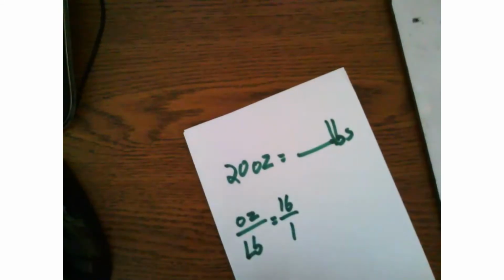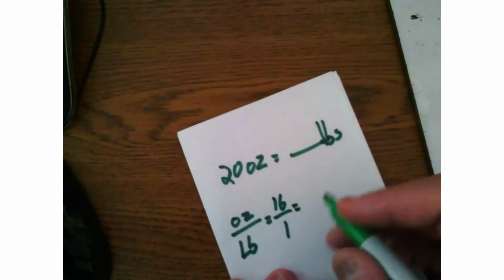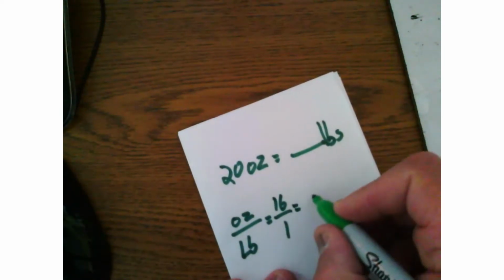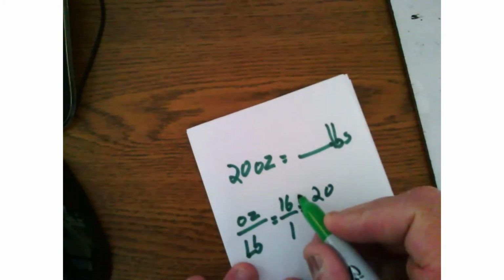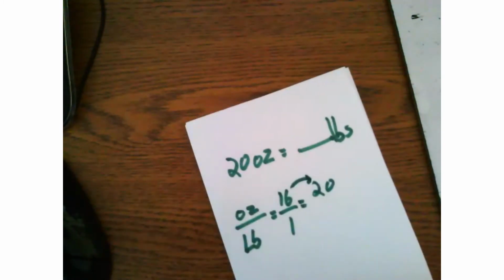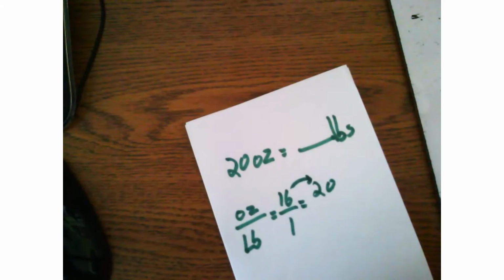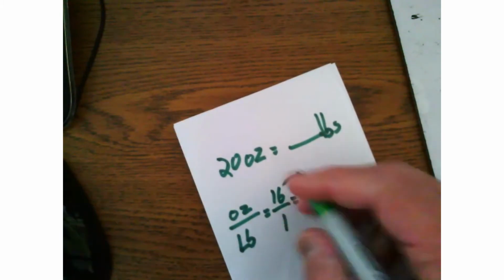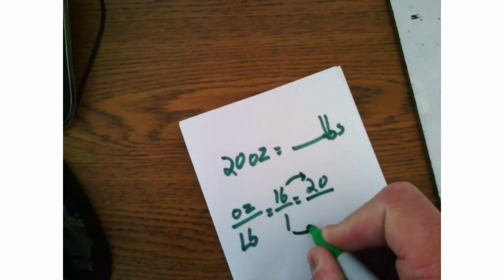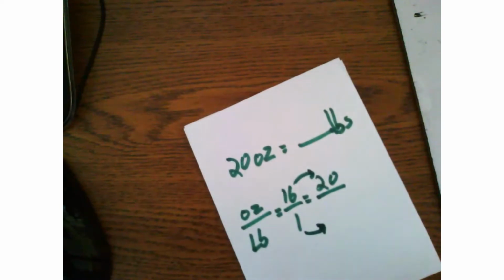And over here we know that 16 ounces equals 1 pound. So here's my fraction. It's a unit fraction, just an upside down unit fraction. And I know that I have 20 ounces. So basically I need to know 16 times what equals 20, or a different way to say it is 20 divided by 16. And then I'll do the same thing to the bottom, and that'll give me my answer.